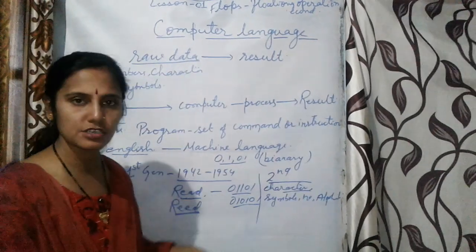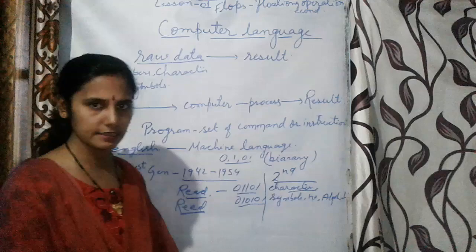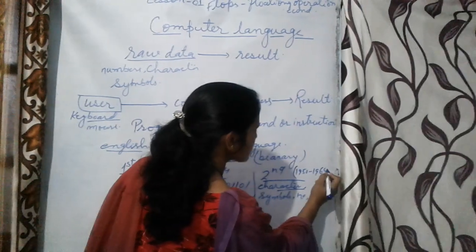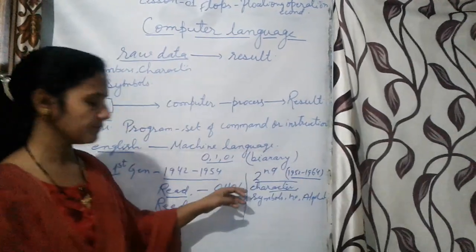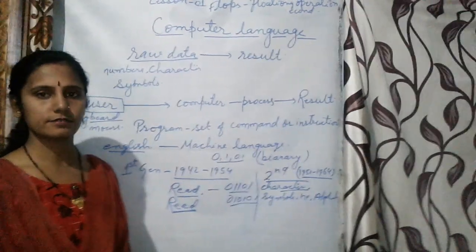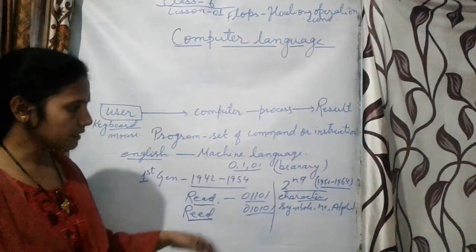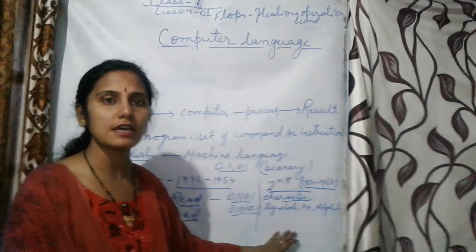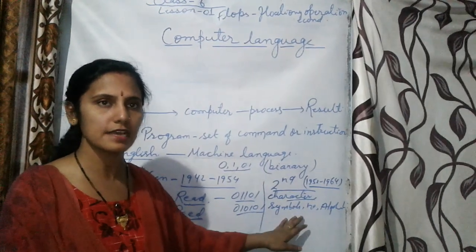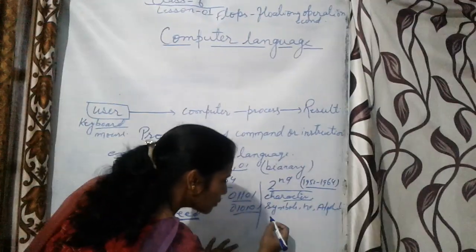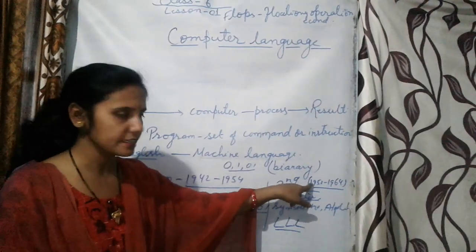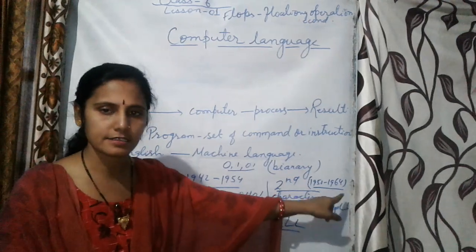This second generation language started in the year 1952 to 1964. This is the duration of the second generation language. So all have understood, in the second generation language we used assembly language, so it is called assembly language or a low level language, LLL, and it started in 1952 to 1964.